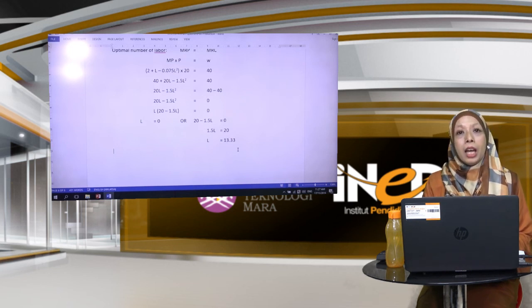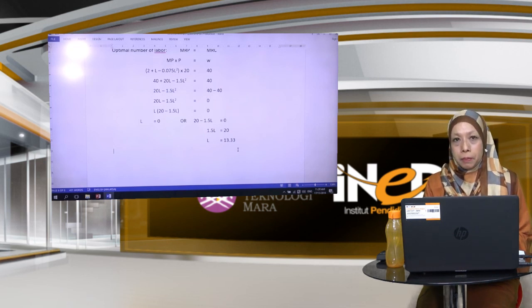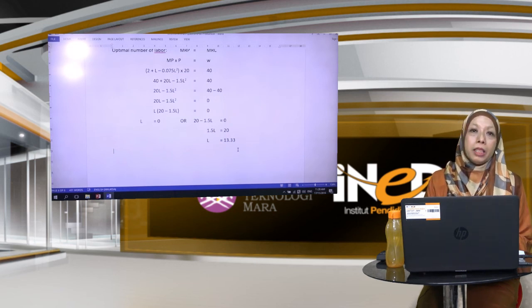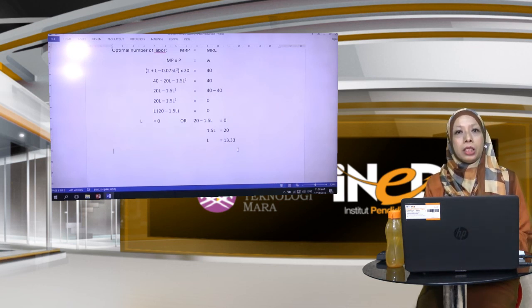If you want to know how many labor the firm needs to hire, this brings us to the optimal number of labor. To determine the optimal number of labor, you have to make sure that your marginal revenue product always equals the marginal resource cost.